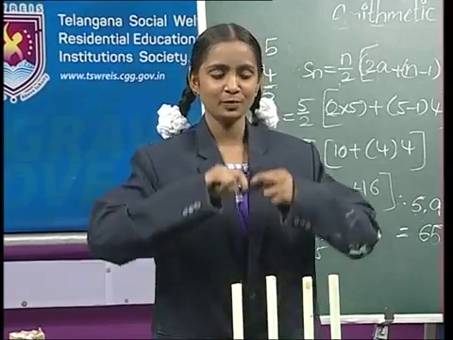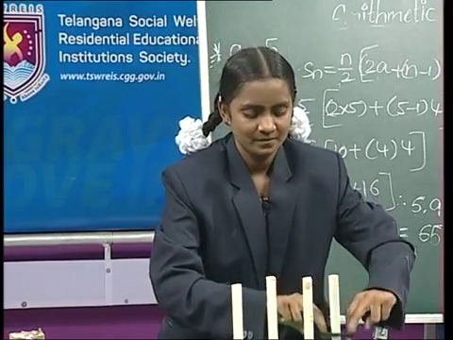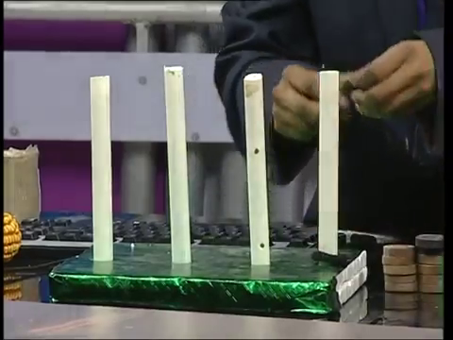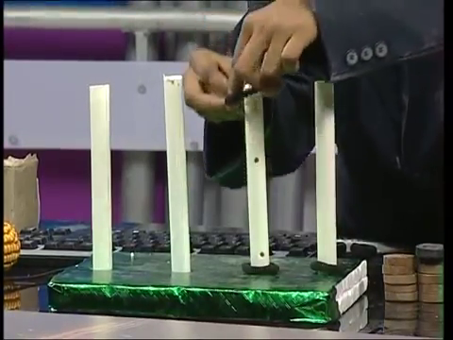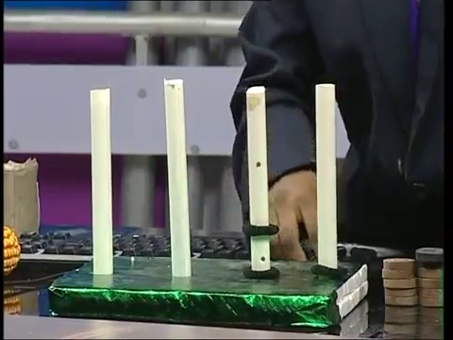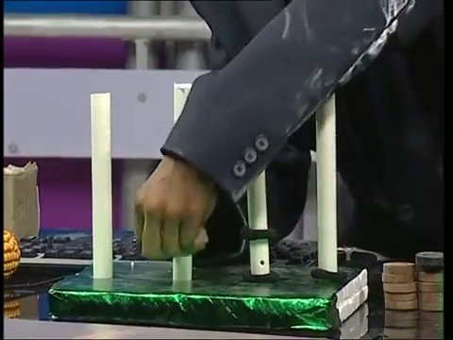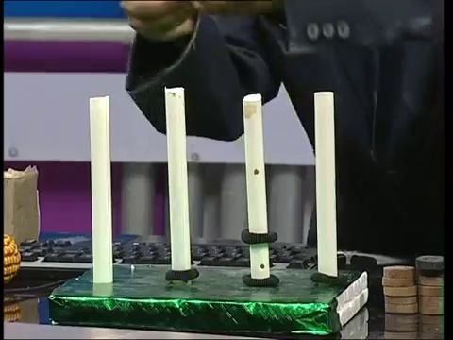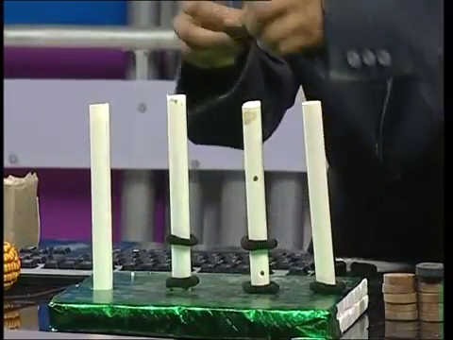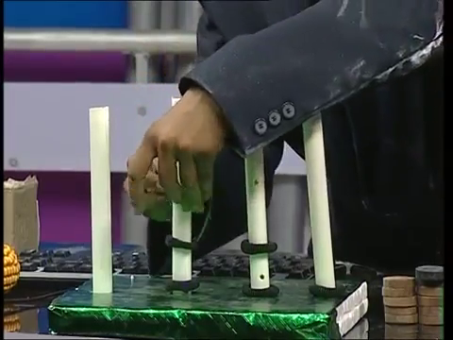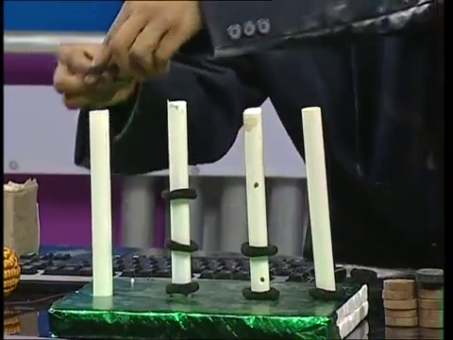So, here I am putting 1 to the first level and I am fixing 2 to the second level, and I am putting 3 to the third level, and I am putting 4 to the fourth level.